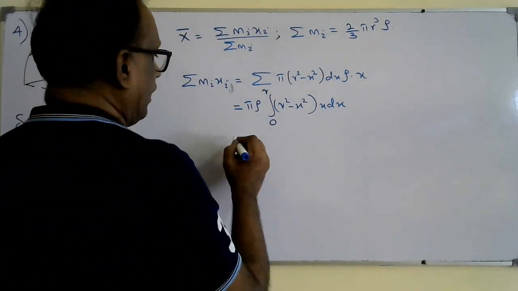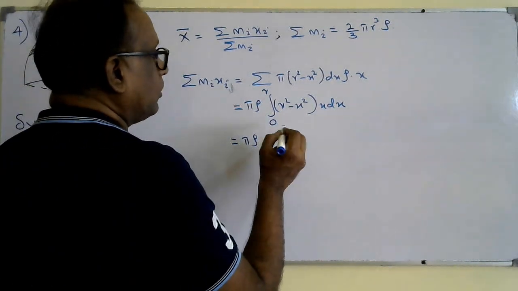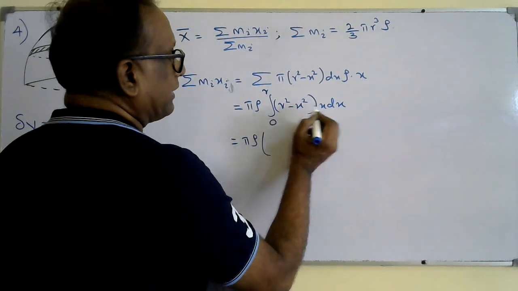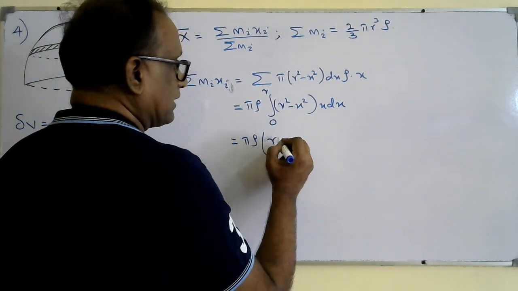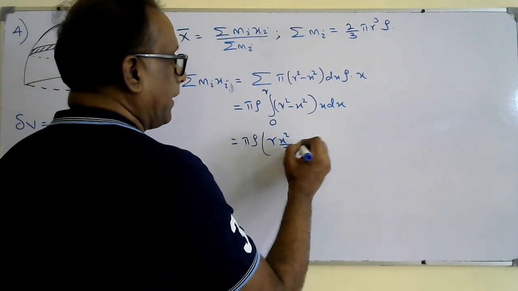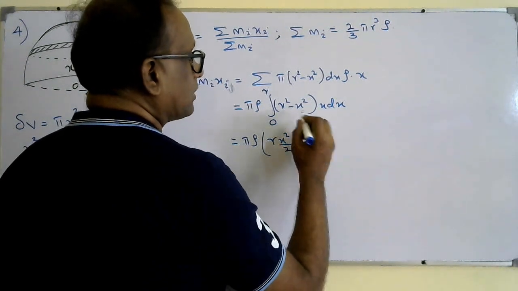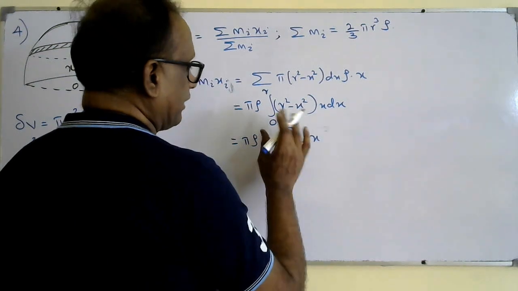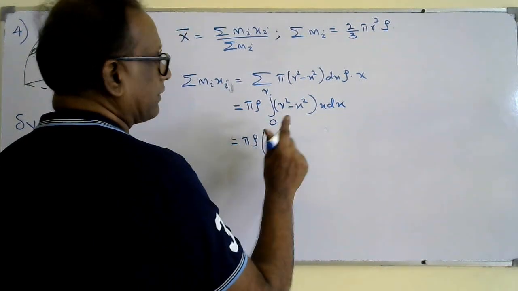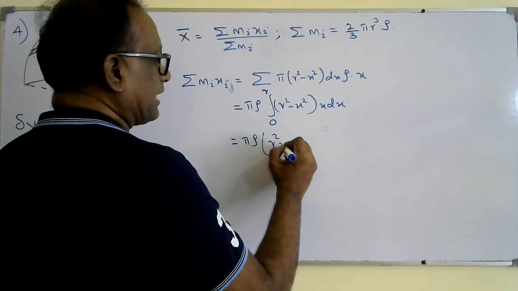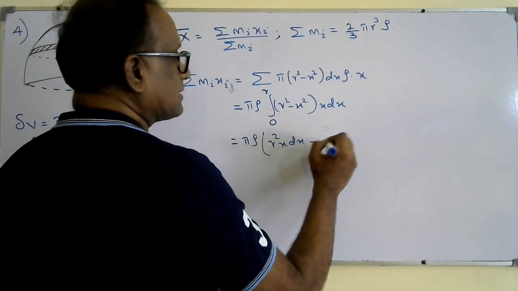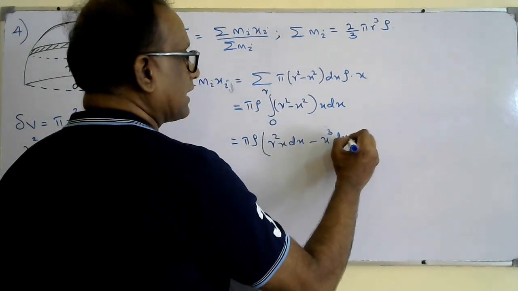If we integrate it, separately it is r squared x dx minus x cube dx.